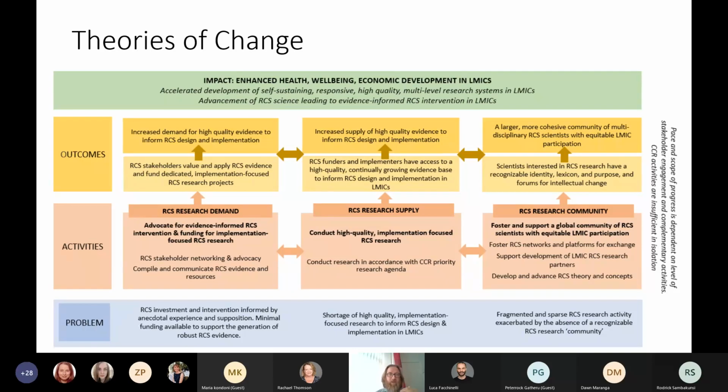You still have those levels from inputs right through to impact, but there's some attempt to explain the causal pathway, and recognizing that the pathway is not always linear. So a theory of change is a bit more sophisticated, if you like, although the two are highly complementary and indeed are often used together.